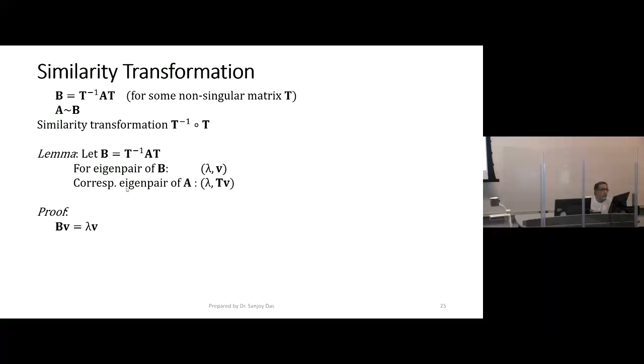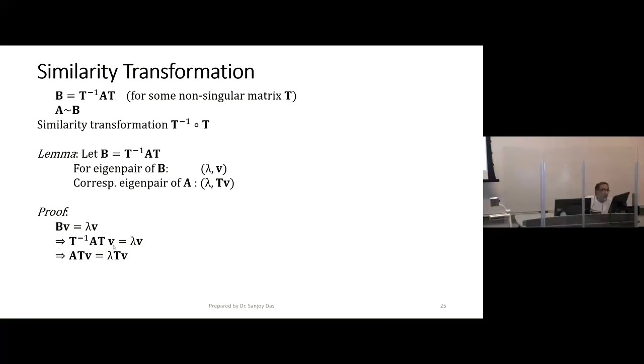Proof. So let's take this eigenpair lambda, V. By definition, we have B V equals lambda V. Now B is equal to T inverse A T. So T inverse A T V equals lambda V. Pre-multiplying both sides with T, we get T times T inverse, which is the identity matrix, right?